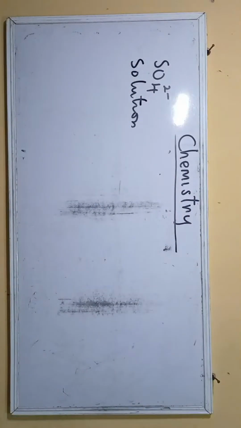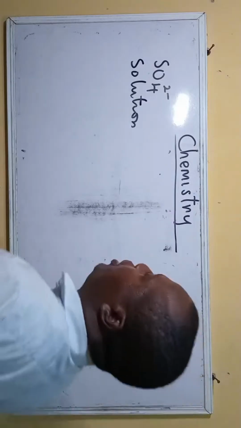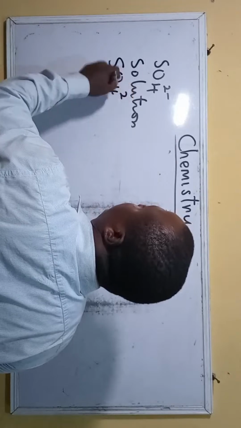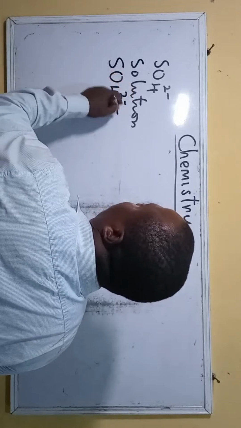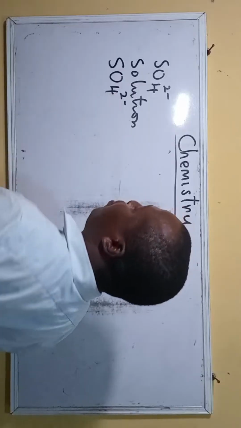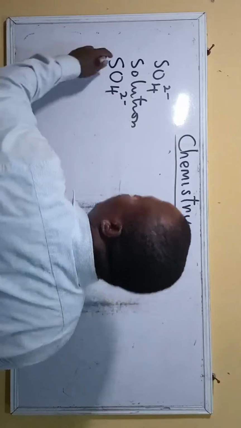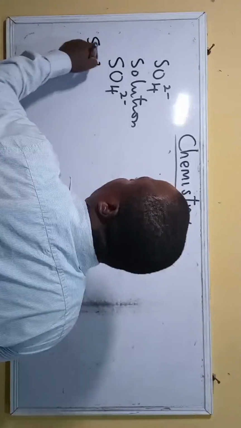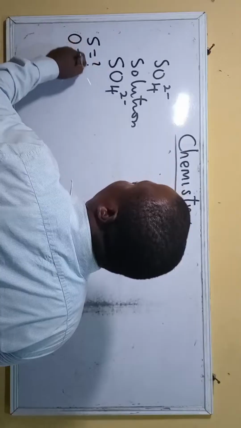It's the same process: you have SO4 equals -2. You make S the subject of the formula. Oxygen, the oxidation number is -2.